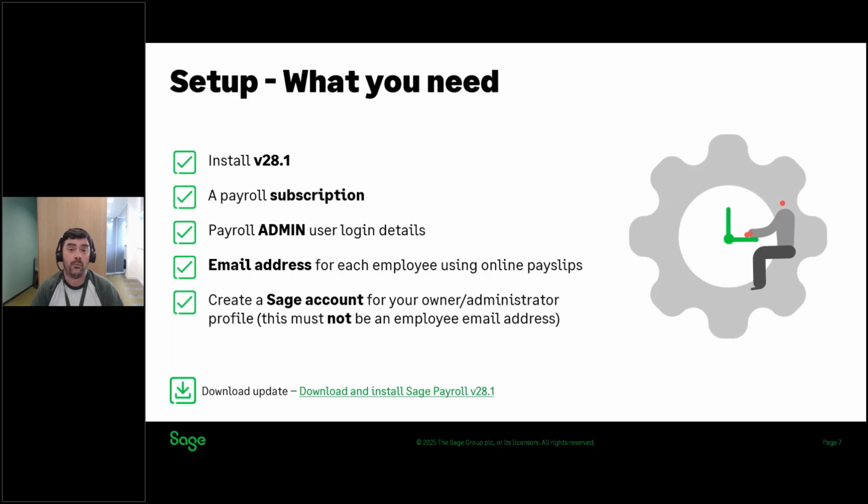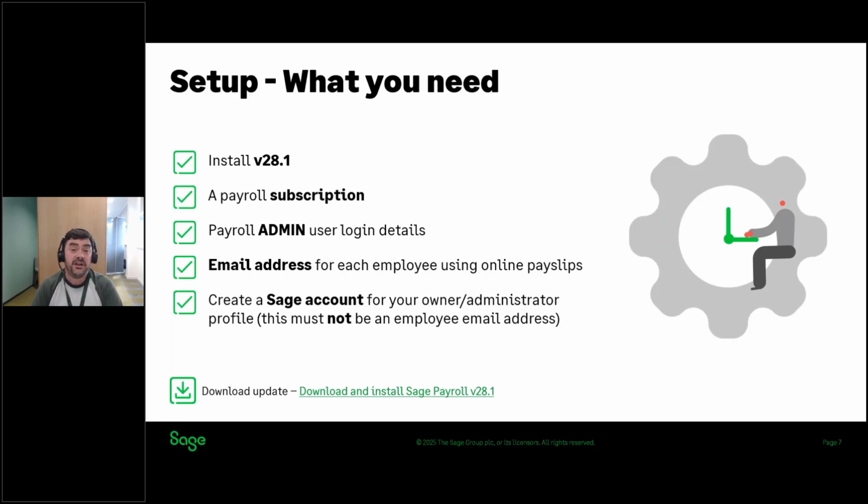Now, that Sage account will be used across all of your payrolls if you have more than one setup within Sage Payroll. And we do suggest a generic style email address, such as payroll@company.com, HR@company.com, as opposed to an individual employee's email address.